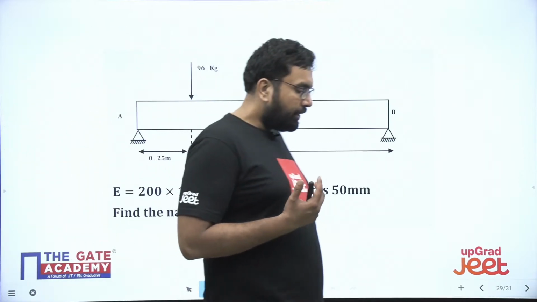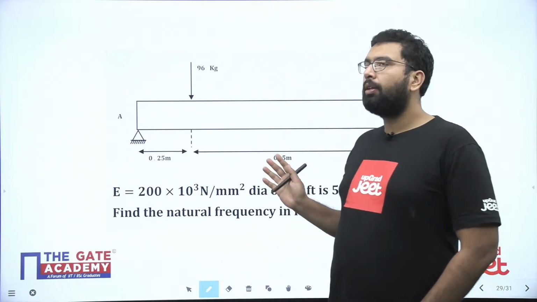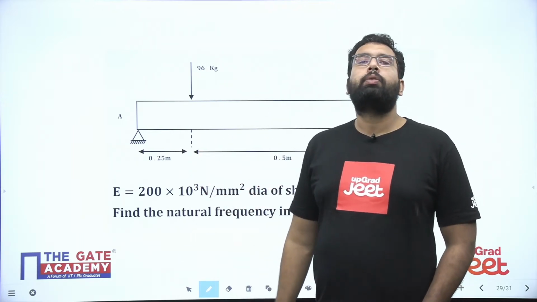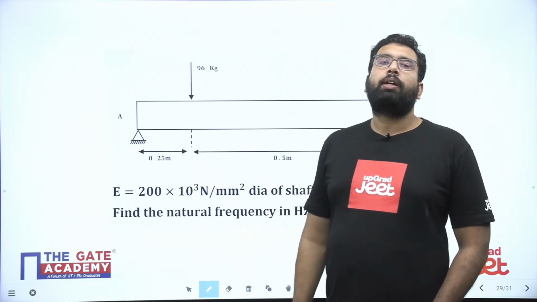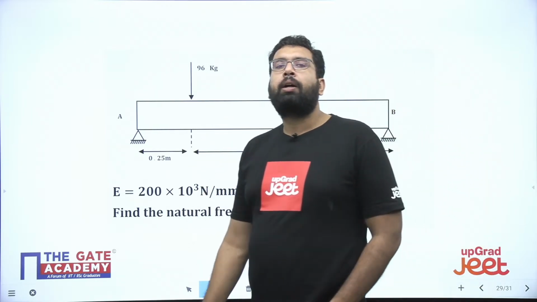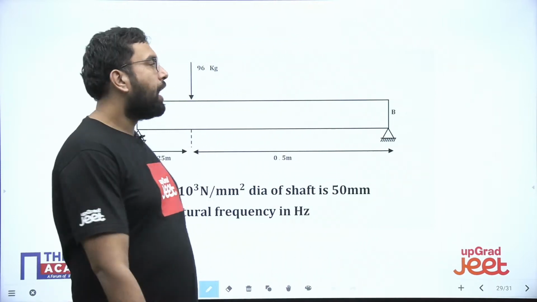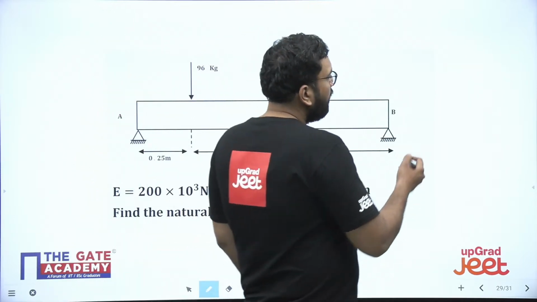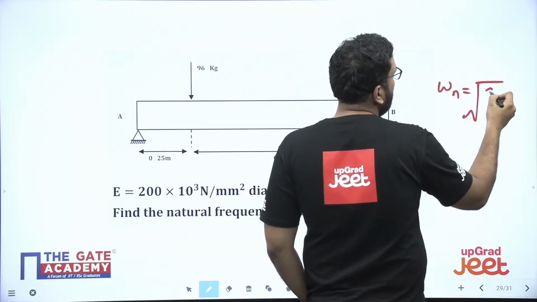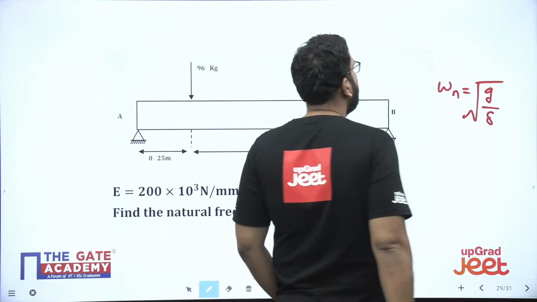When we see a standard problem like this, it is from deflection in strength of material. Are you getting my point? Whenever we see this kind of thing, we always must do it with the Rayleigh method, that is omega n is equal to root g by delta.